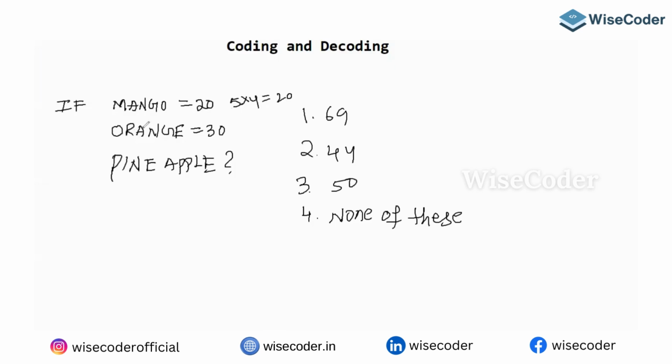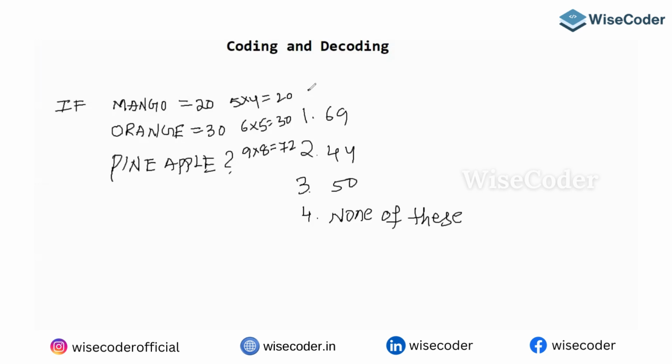Orange, 1, 2, 3, 4, 5, 6. 6 fives are 30. Pineapple has 9 letters, so 9 into 8. 9 eights are 72. So the number of letters is multiplied with 1 less than the number of letters.